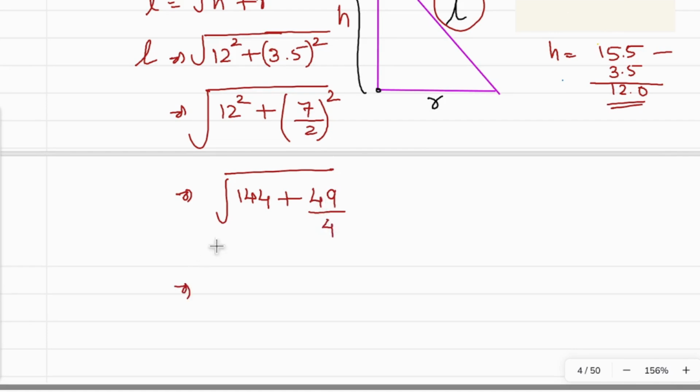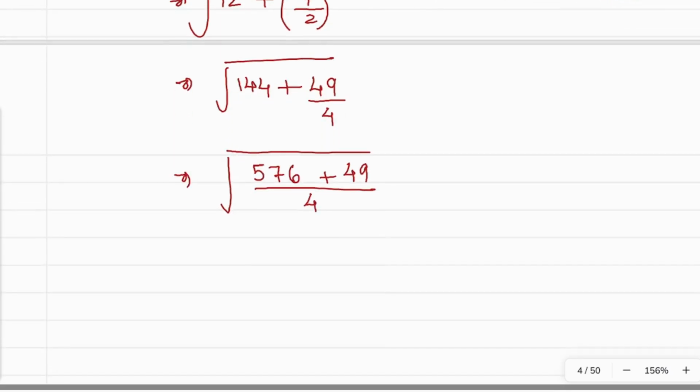right? So now look here, I can take the LCM. On taking LCM, I need to multiply 144 into 4, which is equal to 576, plus 49, the whole divided by 4. Now add 576 plus 49. It is equal to 625 divided by 4.